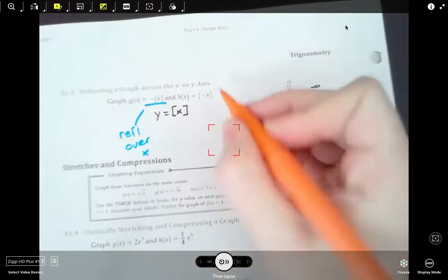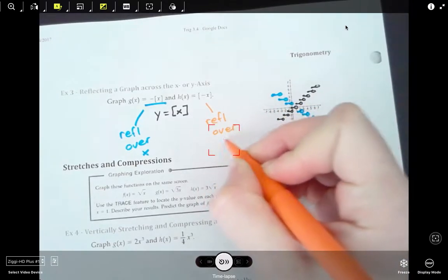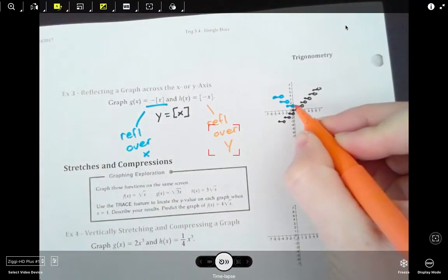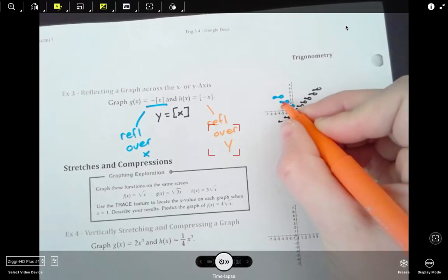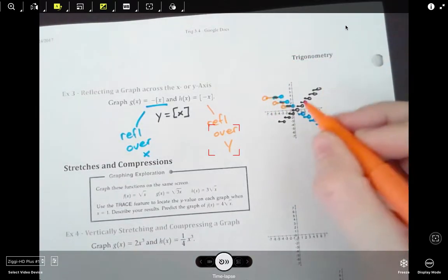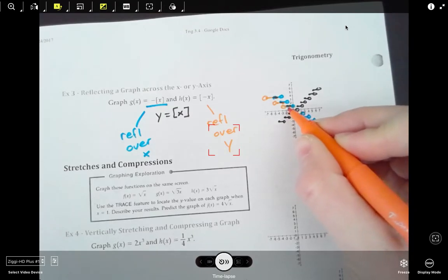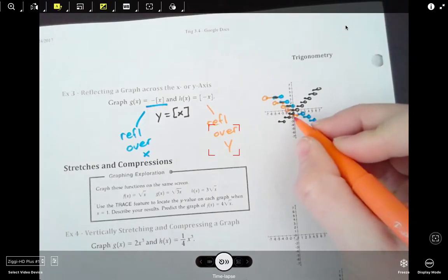Second one is a reflect over y then. All right, so if I take these guys and I move him over, he is now here and he's an open dot. He is now here and he's an open dot this way. Here, open dot this way. This one is going to do this. This one is going to do this.